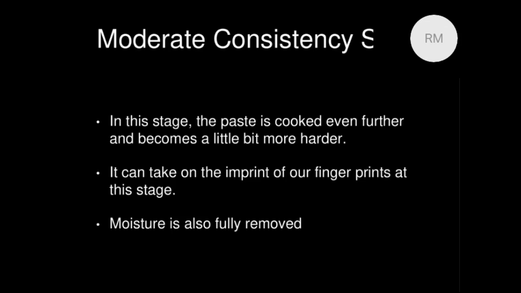In fact, in the moderate consistency stage, you can see that the paste has now become very much like wax. It will be like candle wax, but a little bit more softer. It's a candle wax which is just melted, and there you can roll it, and that is the moderate consistency stage. We will understand later in which stage of cooking we have to take the oil for which purpose. Now this is a practical thing.